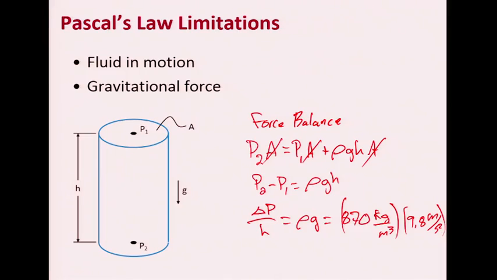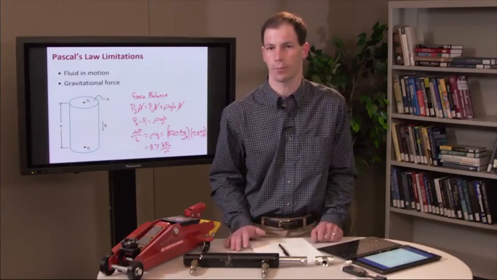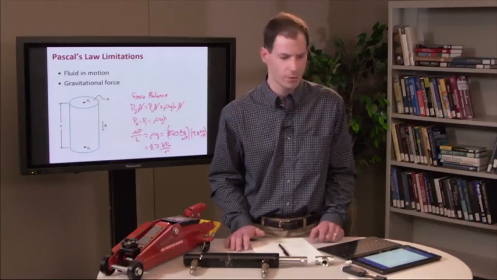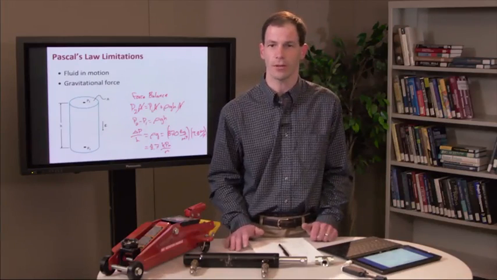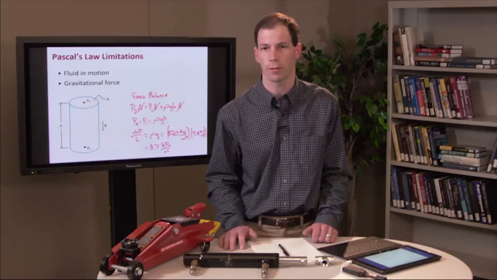And I multiply these out, and now I can get the pressure difference, which would be right around 8.7 kilopascals per meter. And remember, we were saying atmospheric pressure is about 101.3 kilopascals. So this 8.7 per meter is actually very small in the grand scheme of things.